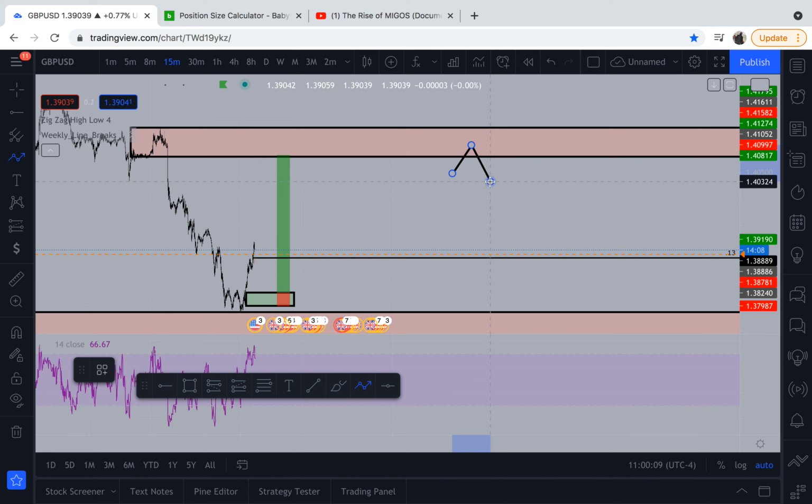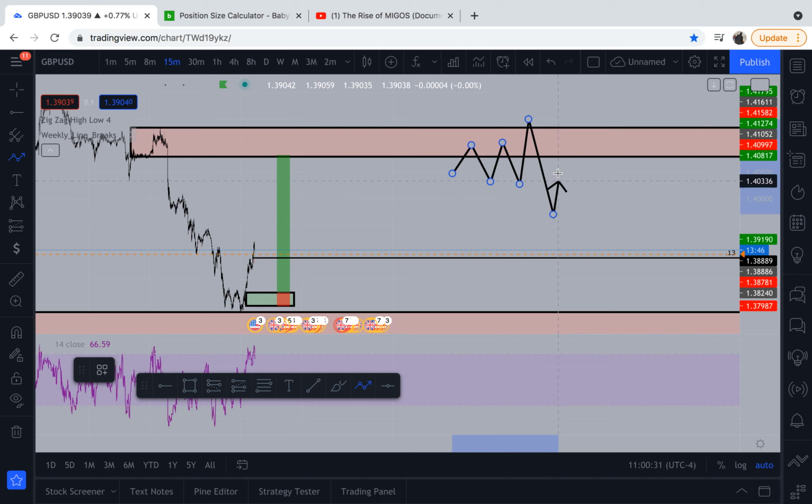But let's say it breaks structure, comes in and makes an equal high. When it does that, the market has to come back up and grab that money. It comes back down, sweeps the pool of money that's sitting right up here, and breaks structure, showing even more sign of weakness.